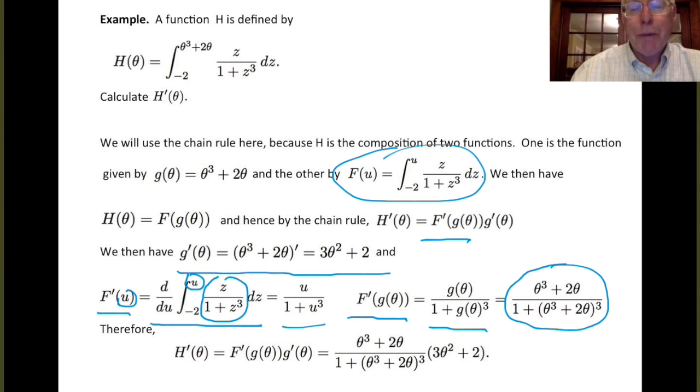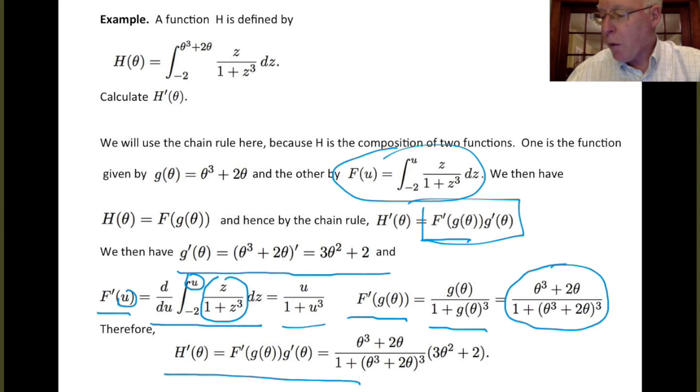So those are the pieces that go into this chain rule calculation. So h prime of theta is f prime of g of theta times g prime of theta, as we mentioned earlier. And here is the f prime of g of theta, and that's multiplied by the g prime. And of course, we could do a little simplification perhaps, but since we weren't asked to, we'll just leave it at that.